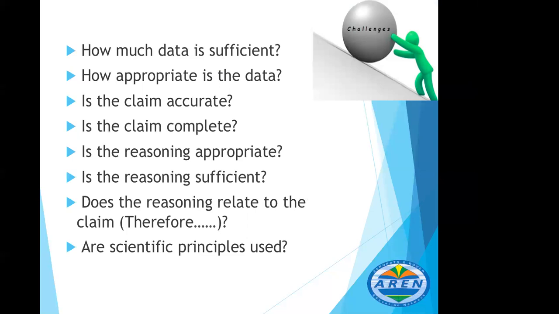So one question you need to deal with is how much data really is sufficient. We often hear that you need to do an investigation 3 times, but a lot of the investigations we're talking about are not just a 3-time collection sort of thing.